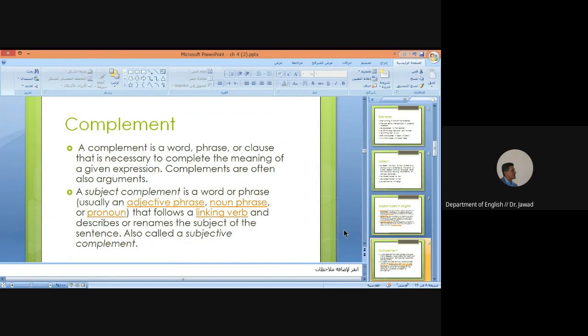Complements are often arguments, just like the subject and the object are also considered as arguments. They are connected with what? With verbs.